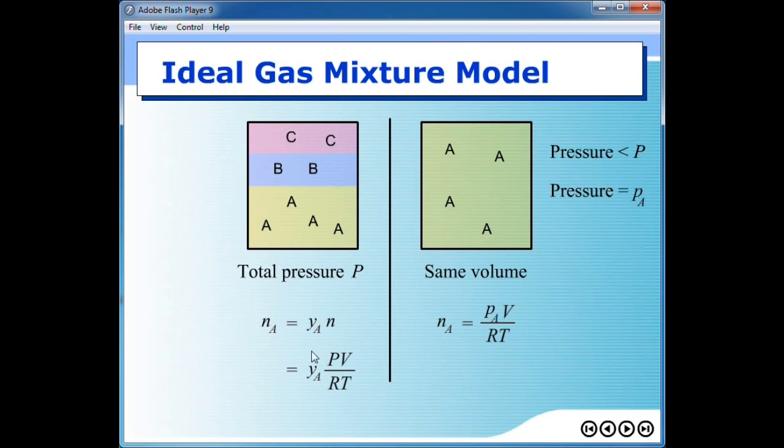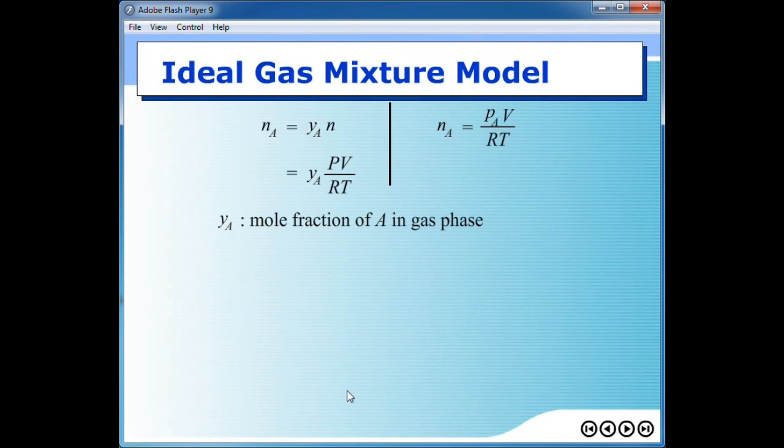So on the left-hand side, we get this equation. On the right, we have another equation. But remember, the nAs are the same. So these two are essentially equal. V over RT would cancel out. And what you have left would be pA, which is the partial pressure of A, which would equal yA times P, this equation.